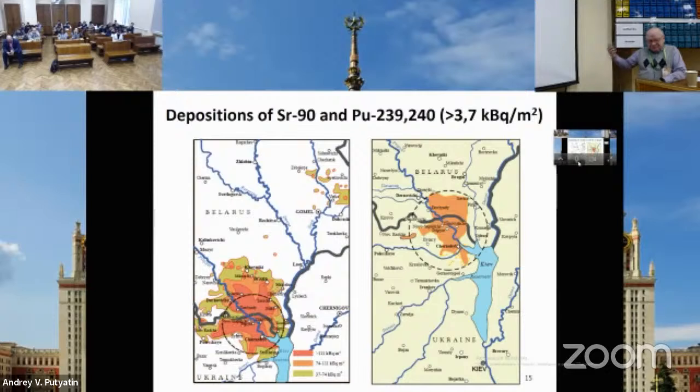They do not evaporate even at high temperatures, and therefore they were released in the form of nuclear fuel debris, so-called nuclear fuel particles. They were inside these nuclear fuel particles. As a result of the Chernobyl accident, a lot of radionuclides were released in the form of nuclear fuel particles.